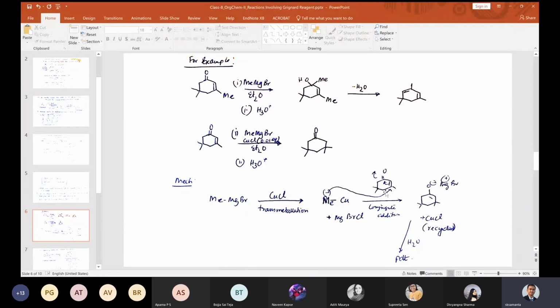That is why this becomes the soft nucleophile in this case, and it attacks this soft center to form this O-. Protonation gives OH, and after tautomerization it forms this compound. Got it? It's clear? This is a very nice example.